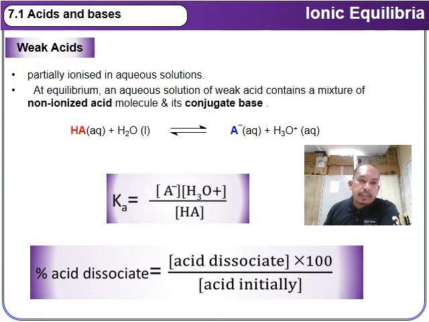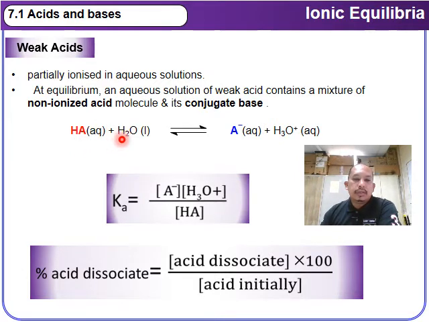For the weak acid, as we learned before, a weak acid is partially ionized in aqueous solution. At equilibrium, an aqueous solution of a weak acid contains a mixture of non-ionized acid molecules and its conjugate base. In the general equation, HA refers to the weak acid.